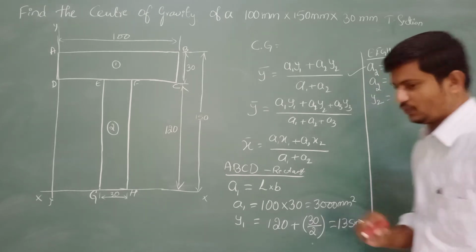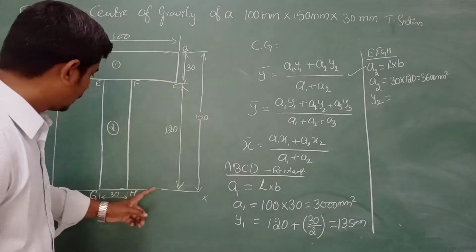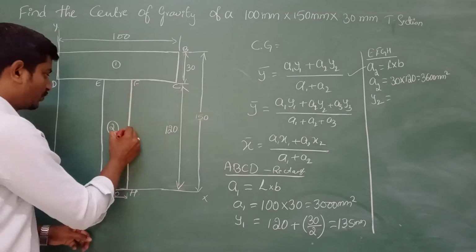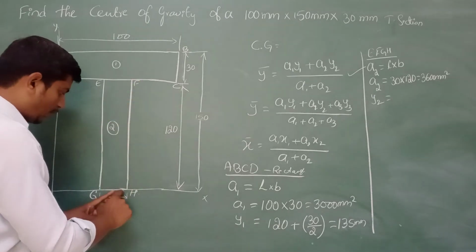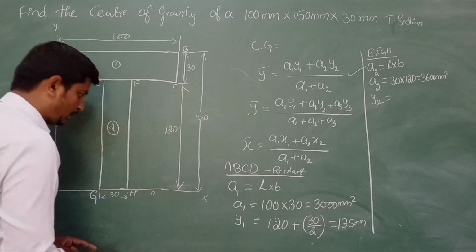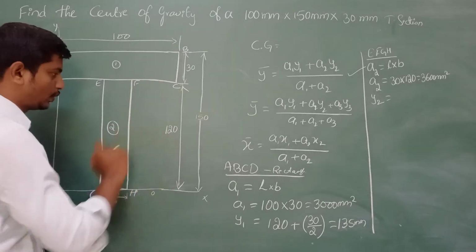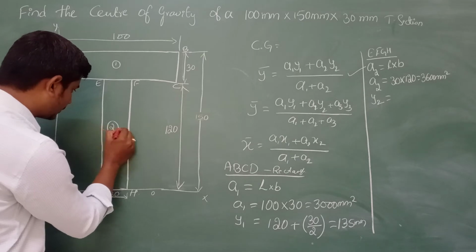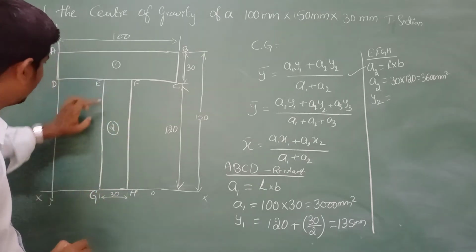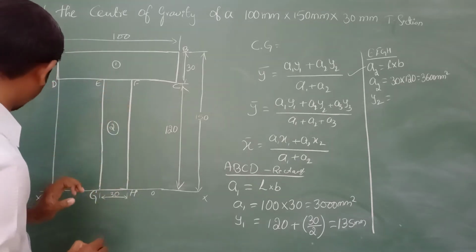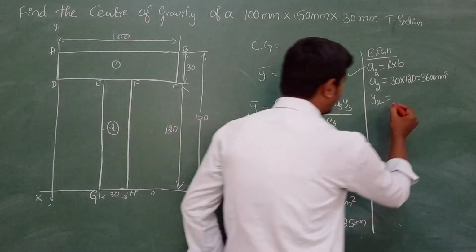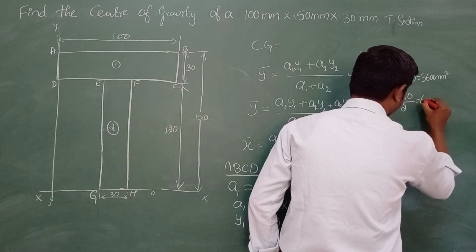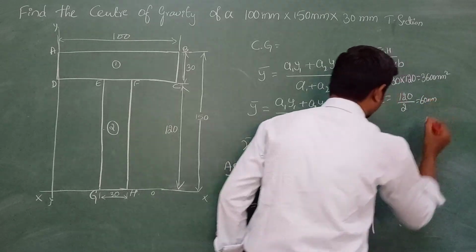We consider the value from the x-axis, starting from 0, to the height, which is 120. Along the y-axis, the center is placed at half of 120, so Y2 is 120 divided by 2, that's 60 mm.